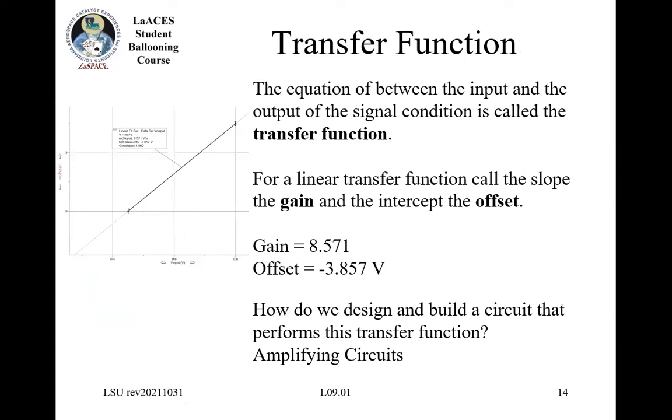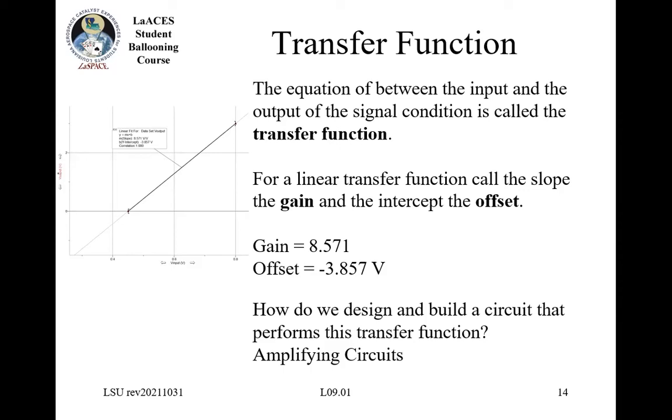So that equation that gives us, here's my input, here's my output, the relationship between the input and the output of a conditioning circuit, we call that the transfer function. In particular, for amplifying circuits, we call the slope of the line the gain, and we call the intercept the offset, because I want to offset the entire signal by a certain amount, and the gain is just the output voltage over the input voltage.